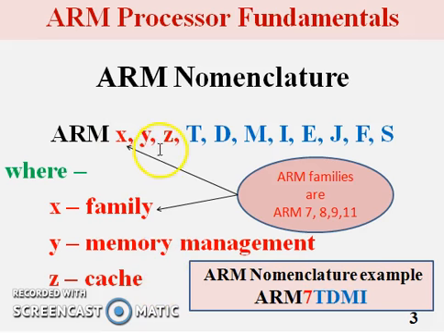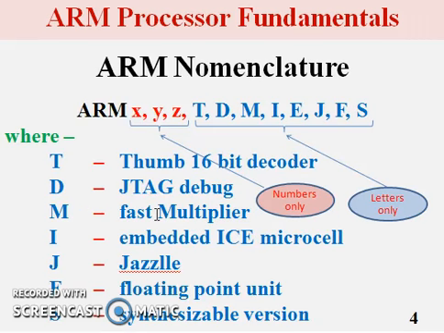For example, here it is given ARM7 TDMI. This number 7 indicates the family of the ARM processor. The other features or nomenclature are TDMI.